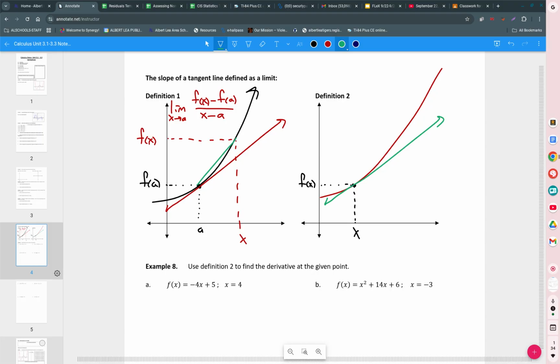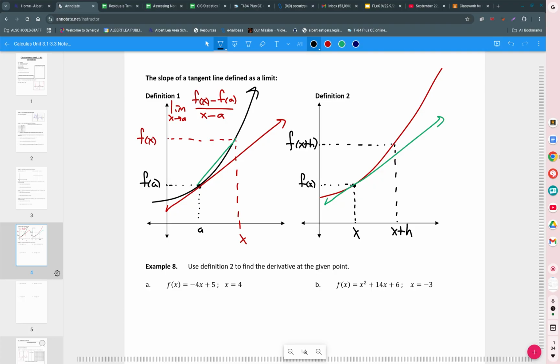So therefore we create a second point. And what we're going to do is move over a certain number of units. We're going to call this one X plus H. So this is F of X plus H. Everybody see that? All right.